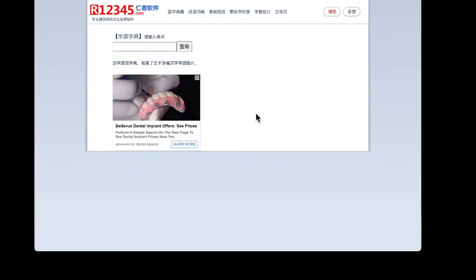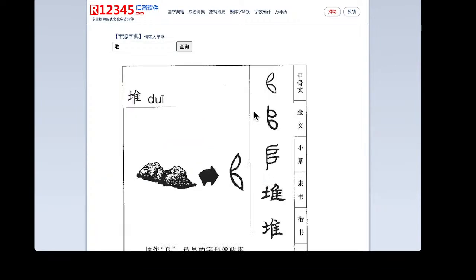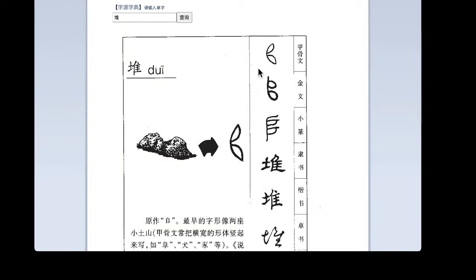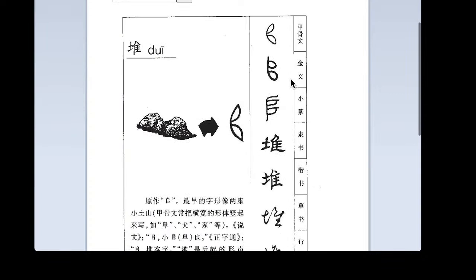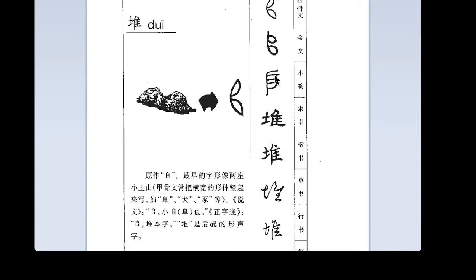Let's take a look at the character itself. Literally, that's the picture right there. In the oracle bones, although it's very abstract, you can see basically a pile of whatever that is. And then this gradually became this in 小篆.